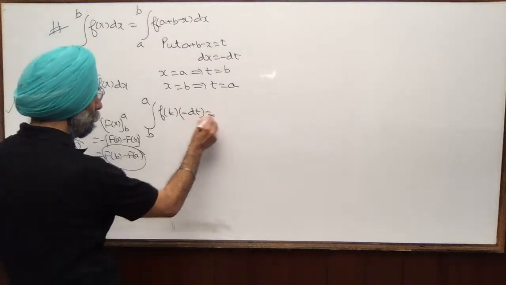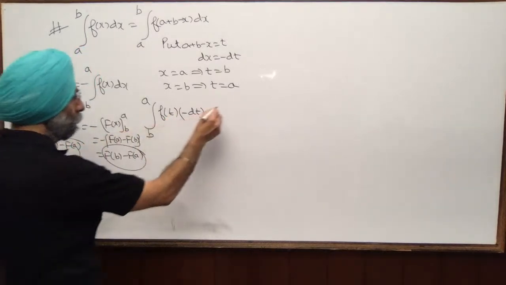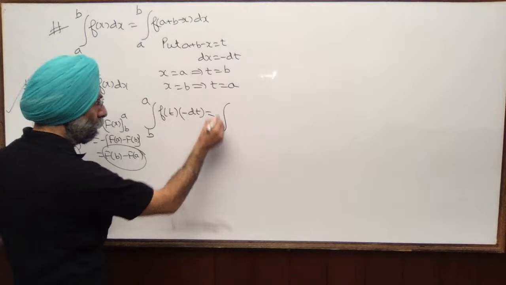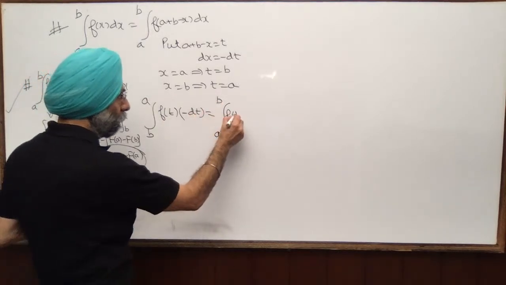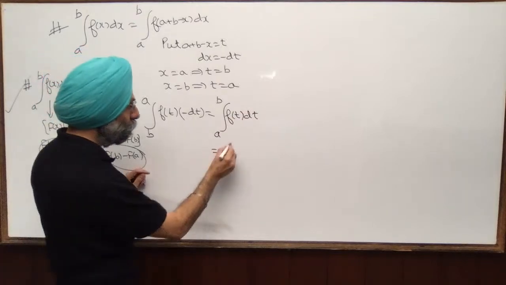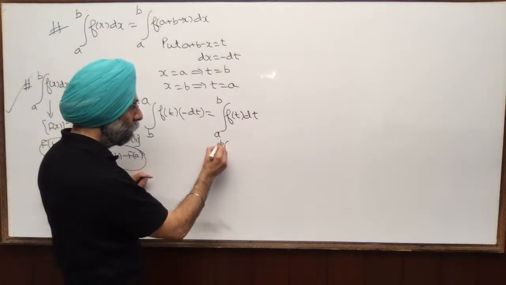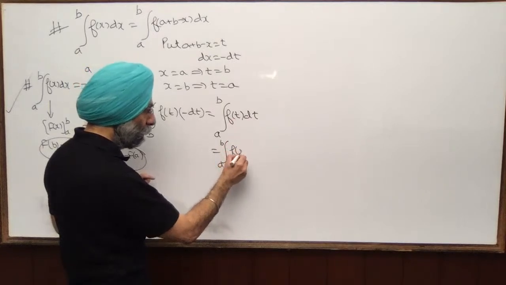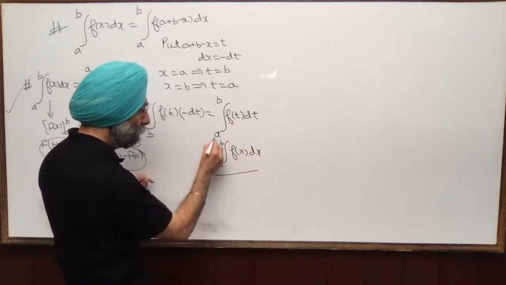So this is equal to, because of this property, the limits change, the sign is absorbed, a to b f(t) dt. Now, which is the same as the first property. First property means if the function is the same, whatever the variable is, the answer will be the same.